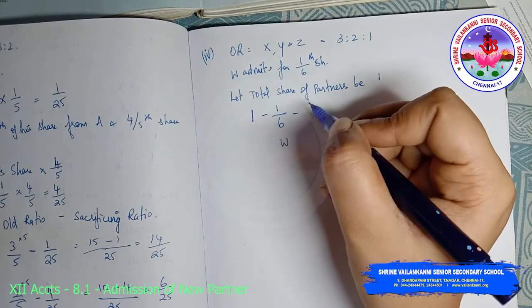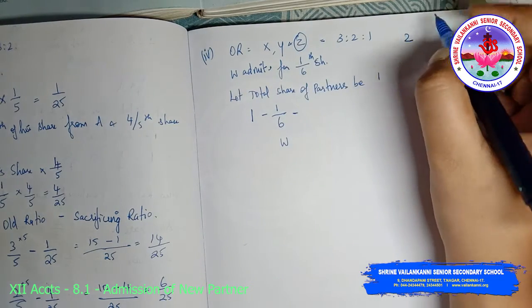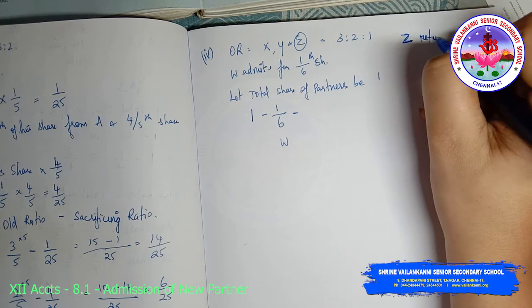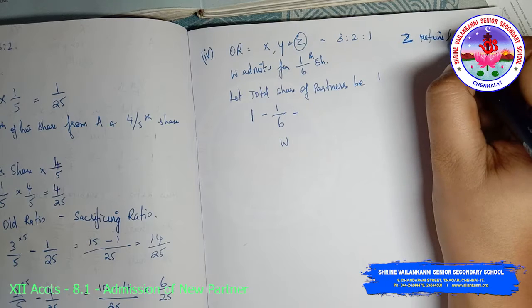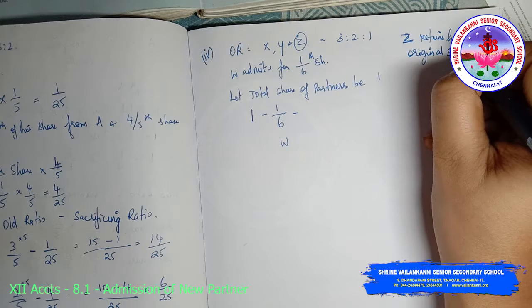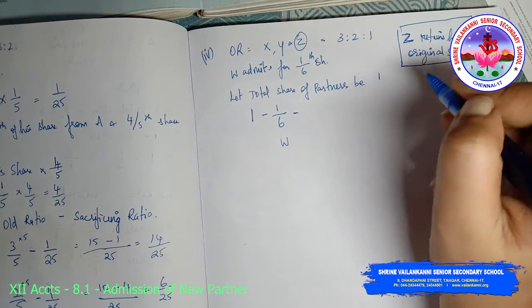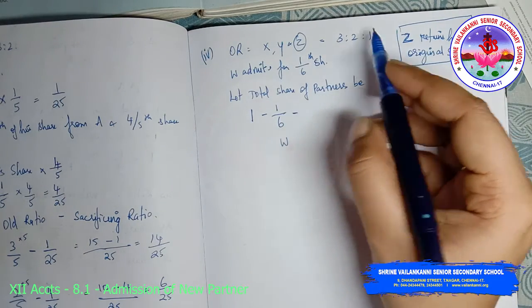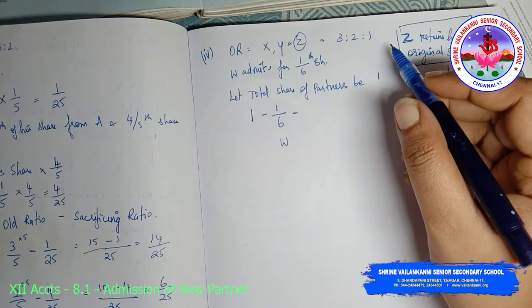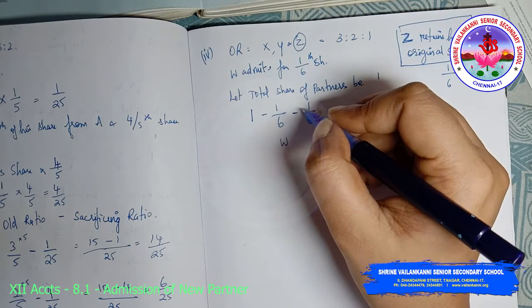And there's one more person called Z. Z retains his original share. Okay, so what is the original share of Z? 1/6.